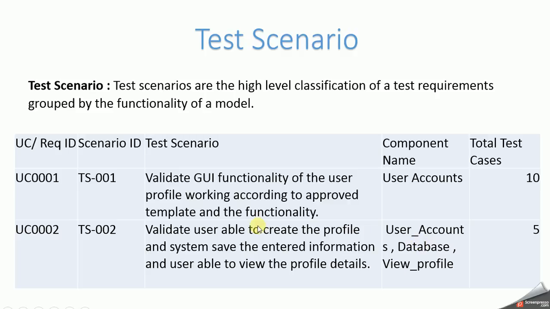Here are three components as I told: when the user enters the information it should save into the database, and that information should be viewable using the view profile link or some other module that we have to make sure of using those three components. Here I'm saying the total test cases are 10 and test cases is 5, so that could increase or decrease, but we'll come later on to discuss it.